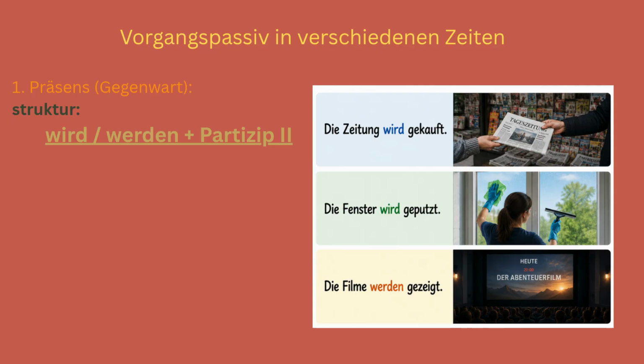Now we can see Vorgangpassiv in different tenses. First, I explain Vorgangpassiv in the present. First of all, we see the structure. Subject plus wird or werden plus Partizip zwei. Die Zeitung wird gekauft.